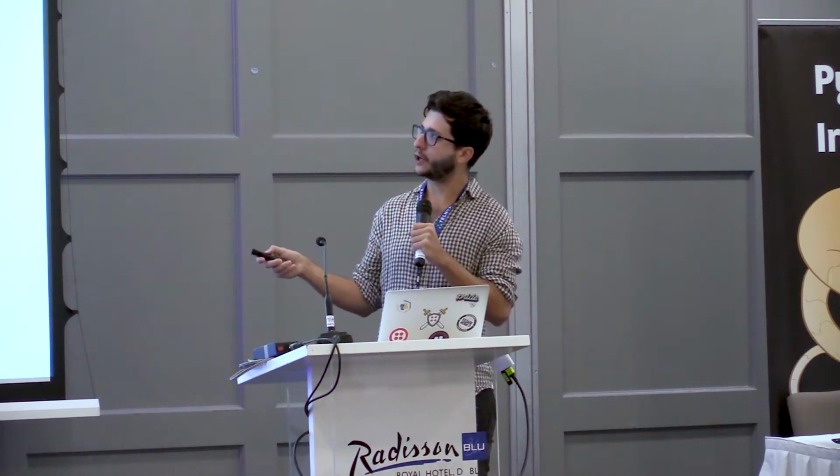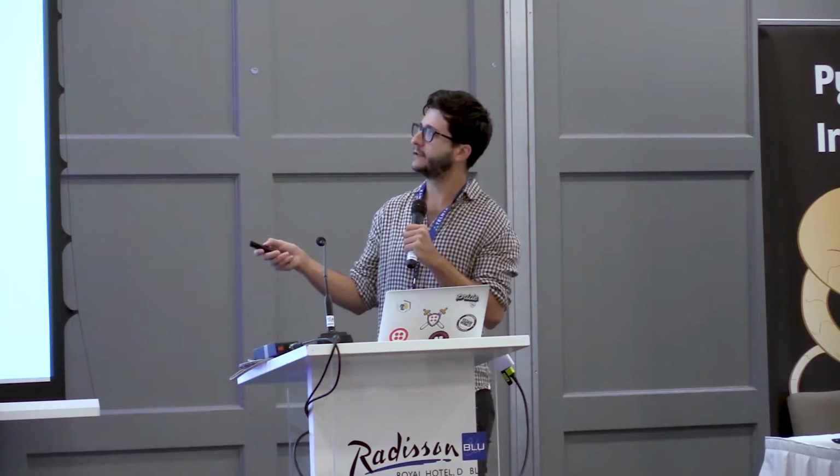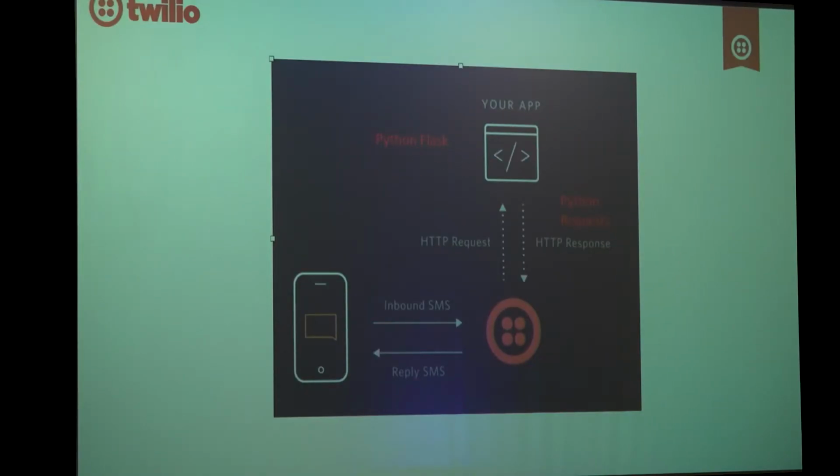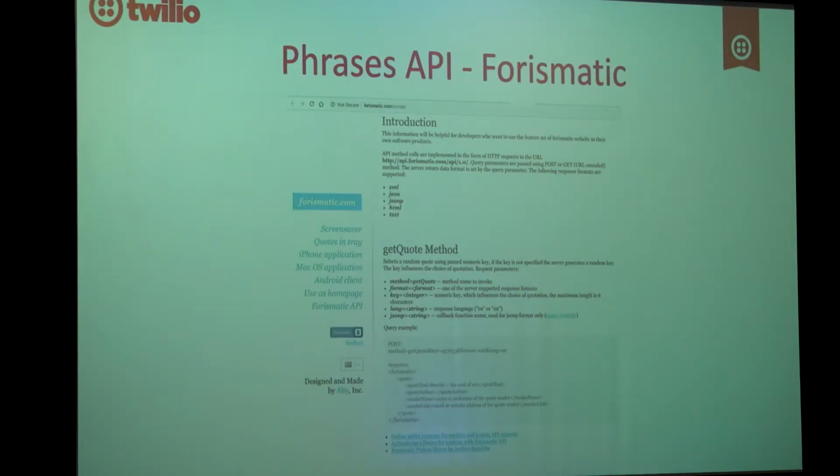So the things that we're going to visit here are what the Flask app is doing, and also how to respond to Twilio. Basically, I Googled an API for phrases, and I found this one easy to use. So if you want to create a project similar to this, you can Google an API for anything you're interested in. I wanted to have some inspiring phrases sometimes.